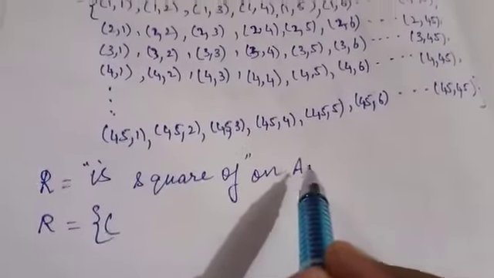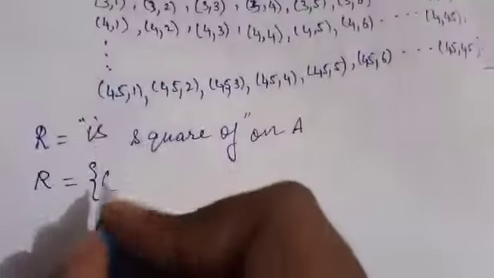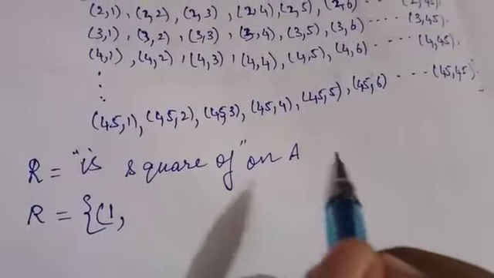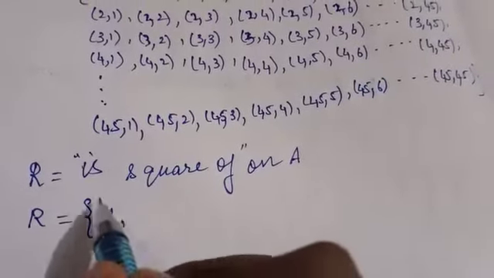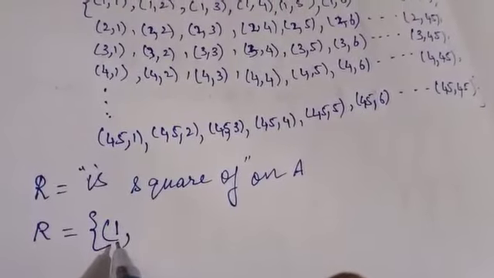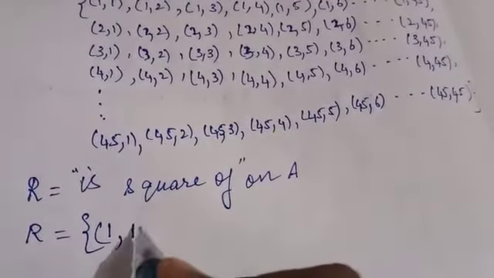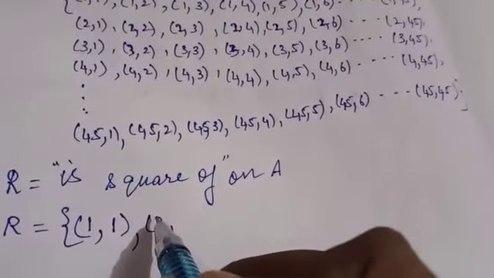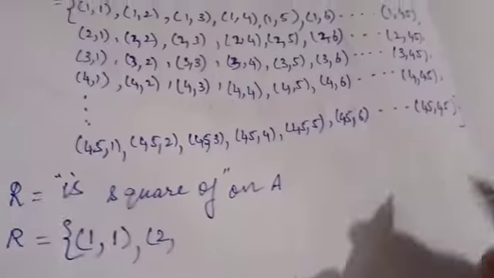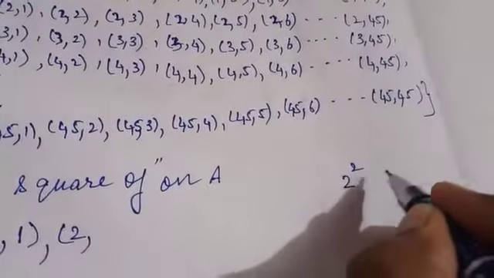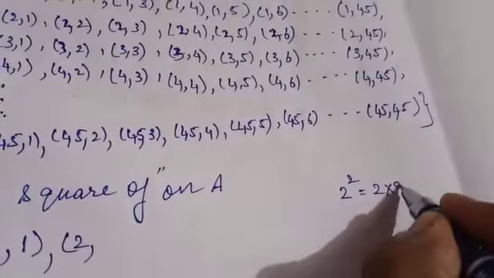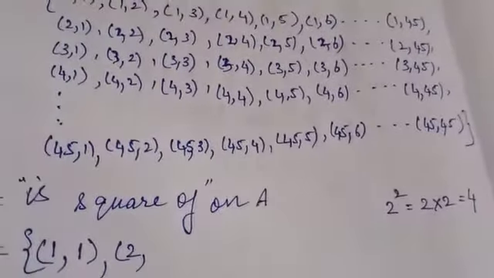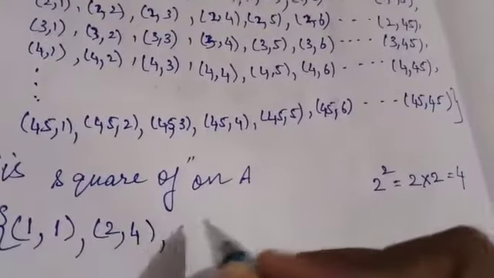What is the first element of A? It is 1, right? So I'm writing 1 here. Then the relation is "is square of" on A, so I'm squaring this 1. 1 square is nothing but 1. The next element is 2. Square of 2 is 2 times 2, which is 4.